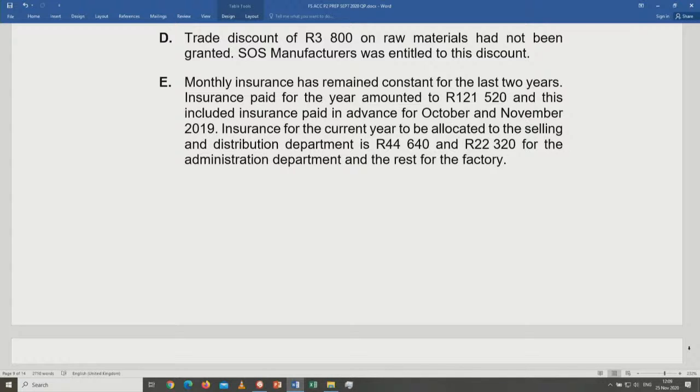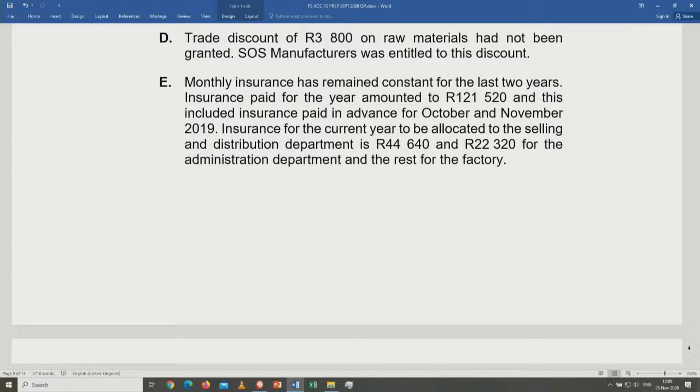So let's read again. Monthly insurance has remained constant for the last 2 years. So it didn't change. That's what that sentence is saying. Insurance paid for the year amounted to 121,520, and this includes insurance paid in advance for October and November. So we are only supposed to have 12 months, but now we have 14 months because our accounting period ends on the 30th of September 2019, right?